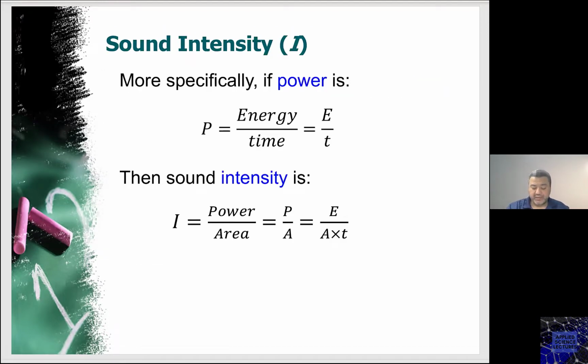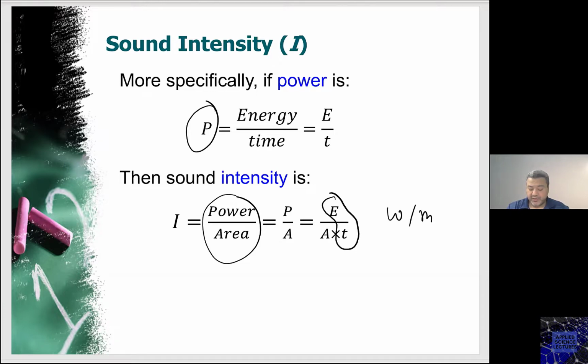So if the power is energy divided by time, which is E divided by T, then the intensity is power divided by area. Power divided by area is also energy divided by time divided by area. So this is watts per meter squared.